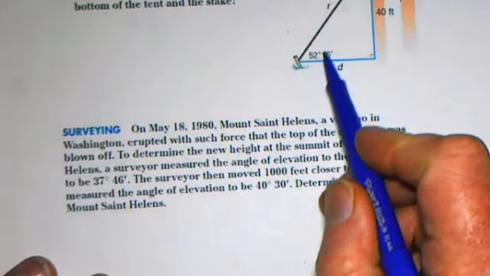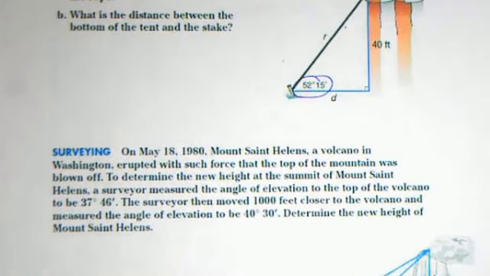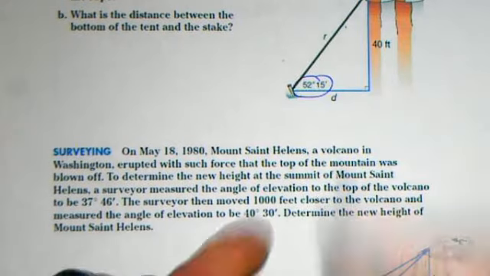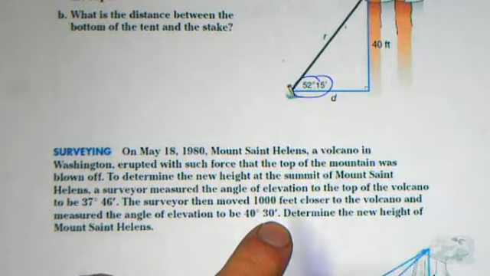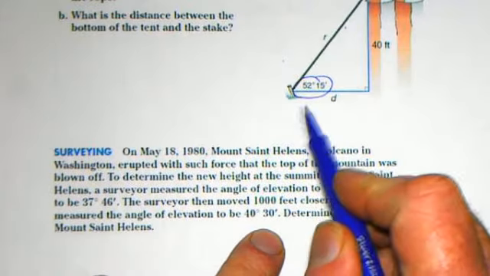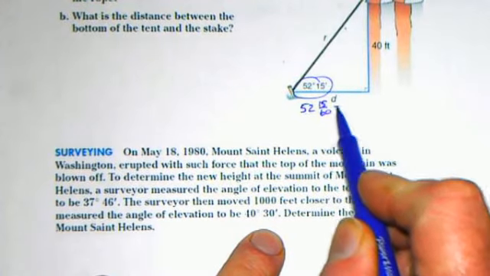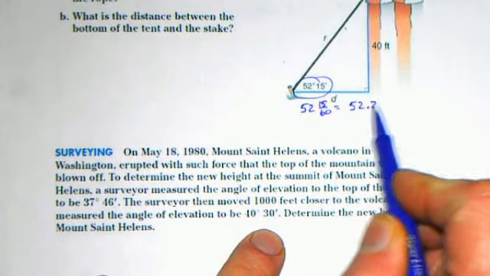One thing we need to make sure we keep track of is that a lot of times we'll be given measurements in degrees, minutes, seconds, and to use our calculator most efficiently, we want to change this into decimal degrees. So we have 52 and 15/60ths, which is 52.25.